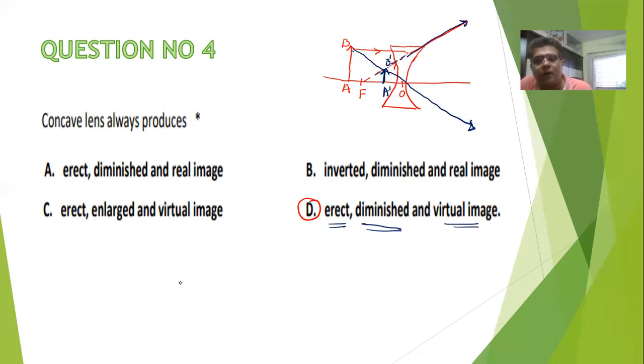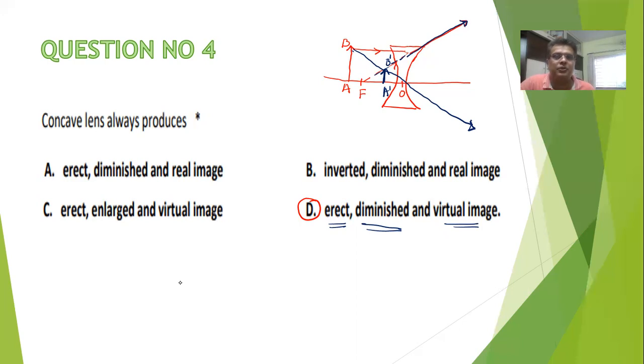Therefore, it's your important duty to understand which position gives you what nature of the image, because your teacher has definitely done each position and its corresponding image, and you've written the characteristic of that image also. Please know that in the case of convex lens. But concave lens, there is only one single sentence, my dear students. Image produced is erect, diminished, and it's always virtual.